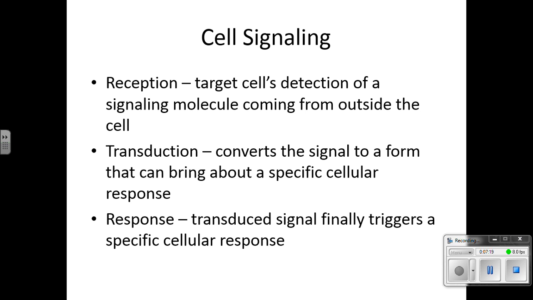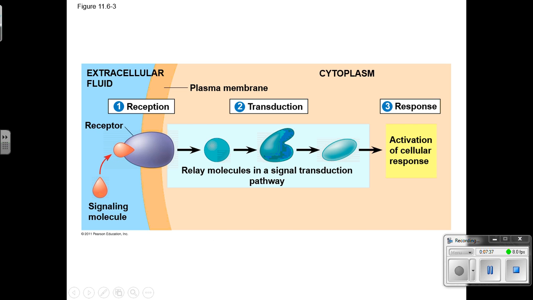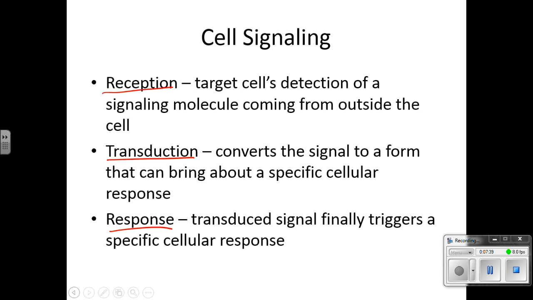So there's three main parts of cell signaling, and these look different depending on what the cell signal is or what the cell communication is. They vary from cell type to cell type and organism to organism, but they still have three main parts: reception, transduction, and response, RTR. Reception is the target cell's detection of a signaling molecule coming from the outside.